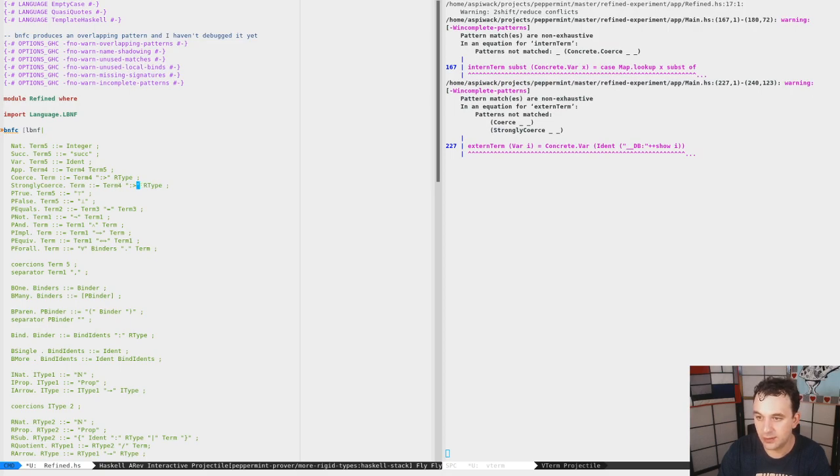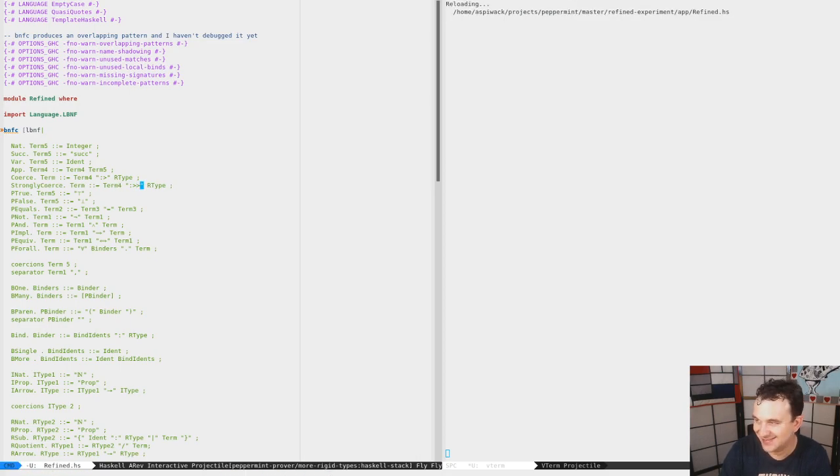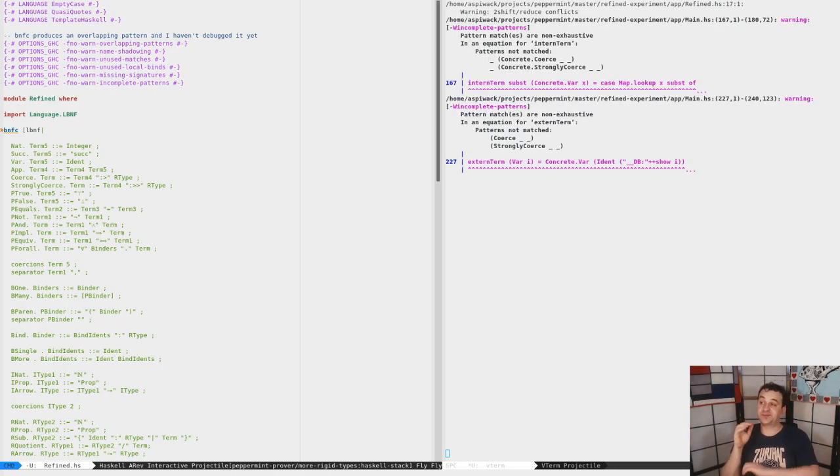So I don't know, strongly coerce like this. So coerce is all about taking a term, yeah, it's all about taking a term and moving it to something that has a different type.